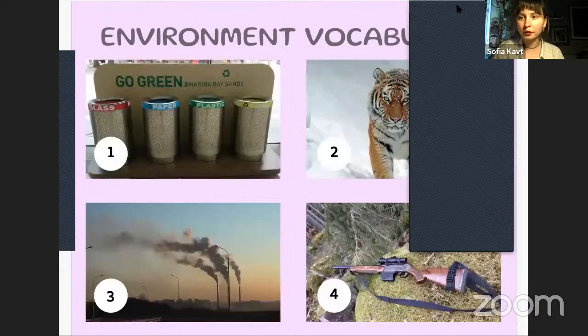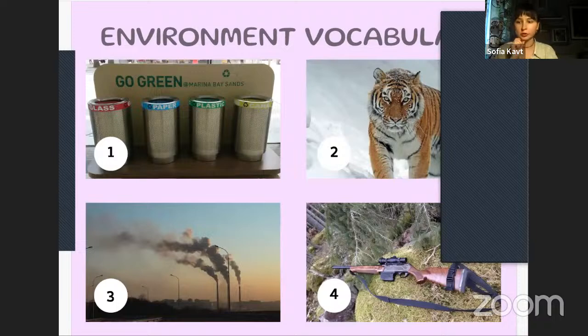Okay, so as for pictures 1 and 4 on the next slide, what can we see here? Okay, biodegradable, you think.